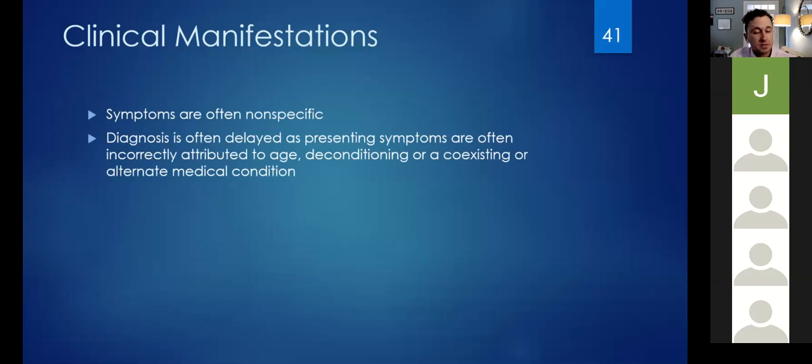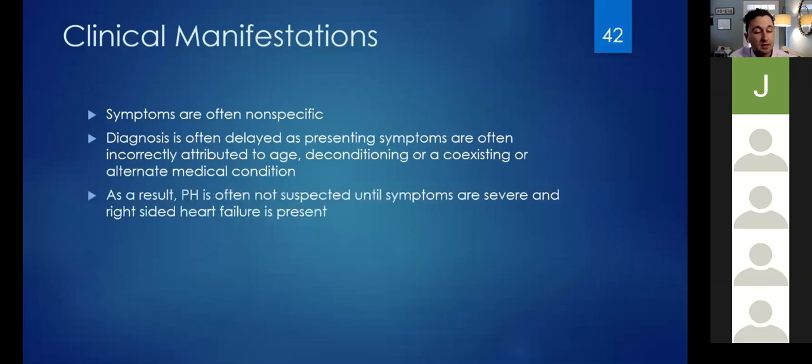As a consequence of this delay in diagnosis, pulmonary hypertension is usually relatively severe by the time we find it, and right-sided heart failure is already present, and prognosis is pretty terrible, often at time of diagnosis.